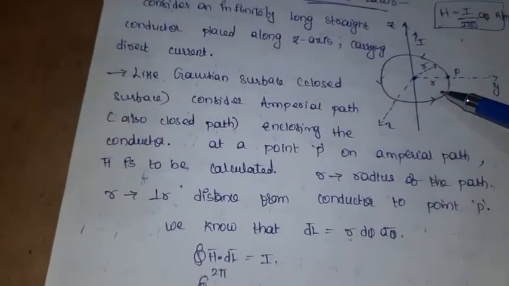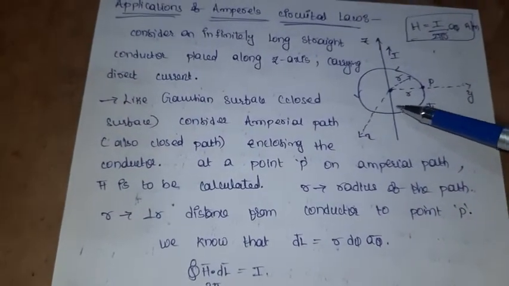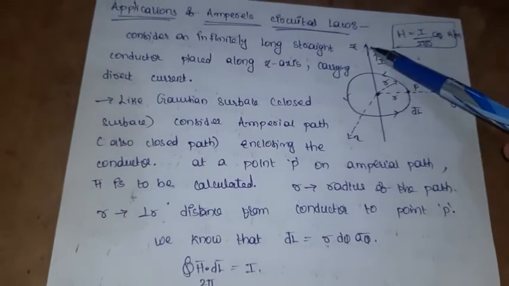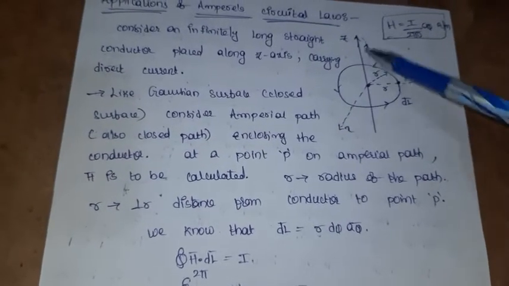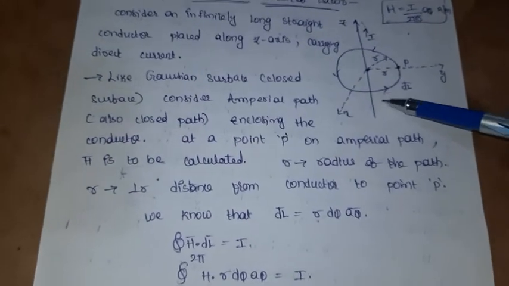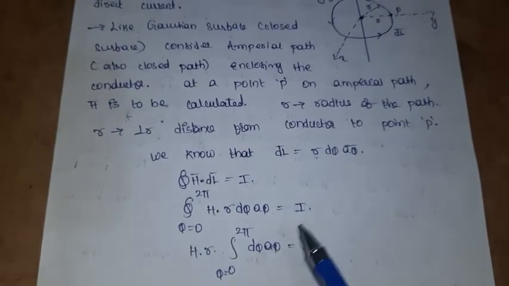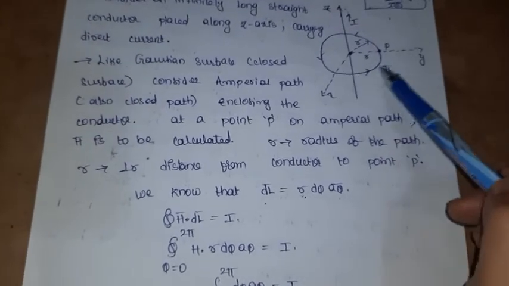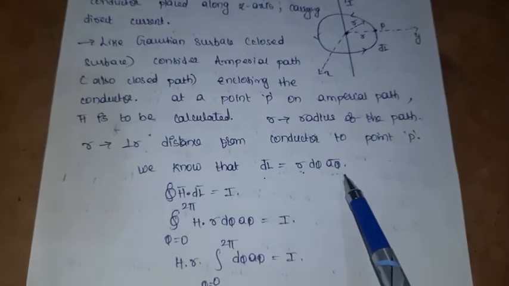Like the Gaussian surface, I am considering an amperian path. An amperian path is also a closed path that should surround the infinitely long straight conductor, like a Gaussian surface. So what is dl? We know that dl is r d phi a phi, because this path is moving in the phi direction. So we consider the a phi direction only.